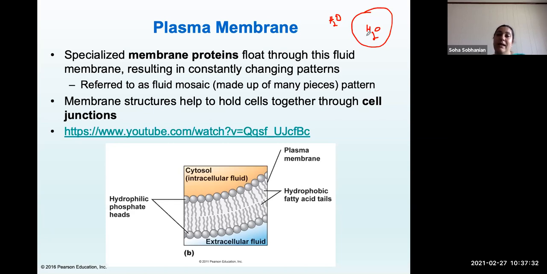They like to interact with water because they are in direct contact with water at all times. Think about fat. Does fat like water? Yes or no? Fat doesn't like water, right? So it's going to go and hide in the middle. It's not going to come into contact with the water that's outside and the water that is inside, correct?